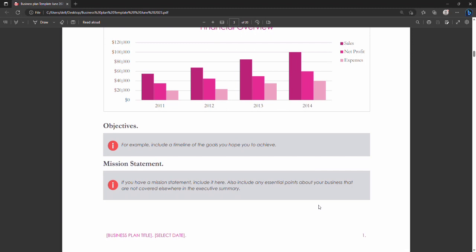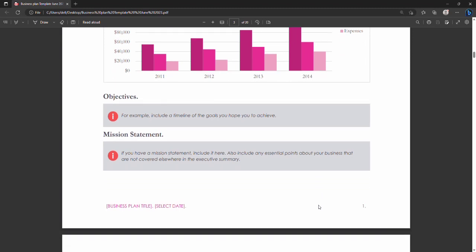Okay, the next thing, objective. The objectives of your business is very clear here. You only need to write at least 2 or 3 objectives. 2, 3, or 4 objectives are okay. Your objectives can be increasing your revenue, can be increasing your customer base. It can also be getting new equipment.